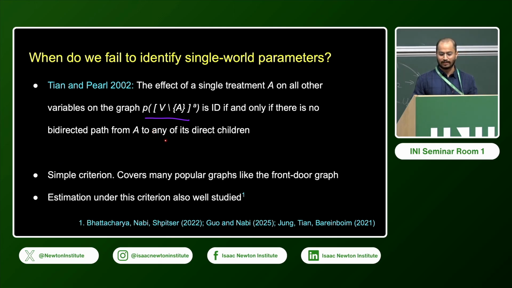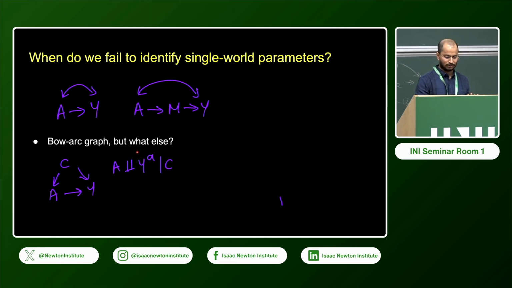So it's a really simple criterion. It's very easy to state. It covers many popular models. So the conditionally ignorable model, there are no bidirected edges, so it definitely satisfies this criterion. The front door graph satisfies this criterion because there is a bidirected edge, but not to a direct child. So you're okay in the front door graph as well.